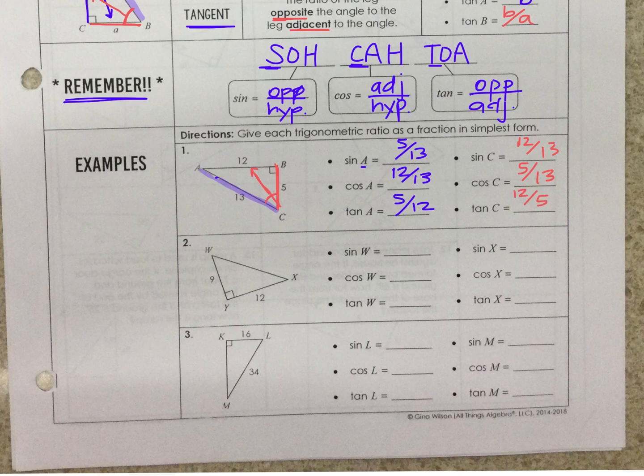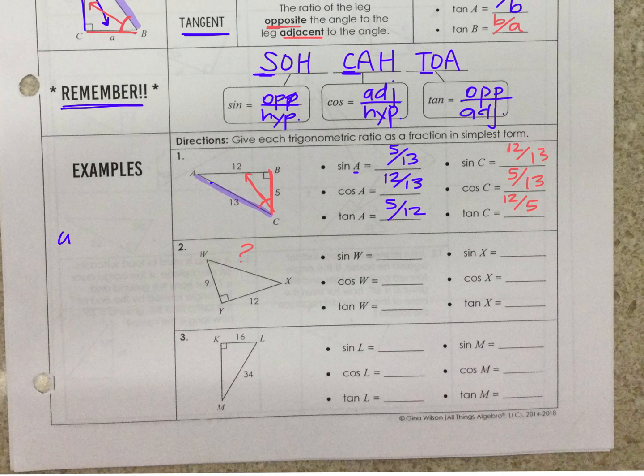All right, let's do the same thing with number 2, but before we can do that, I have a missing side right here. When I have a right triangle, I can use the Pythagorean theorem to figure out my missing side. A squared plus b squared equals c squared.